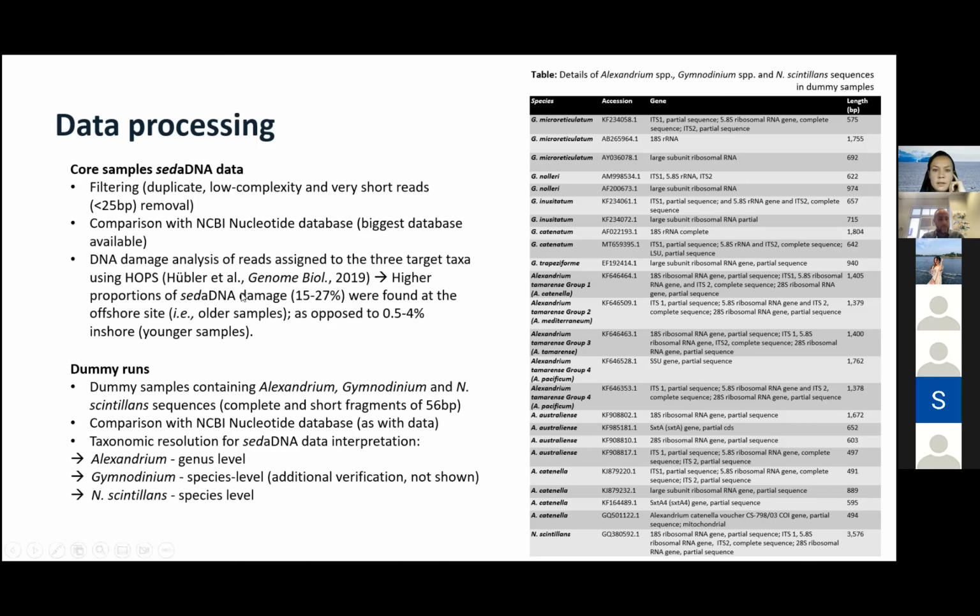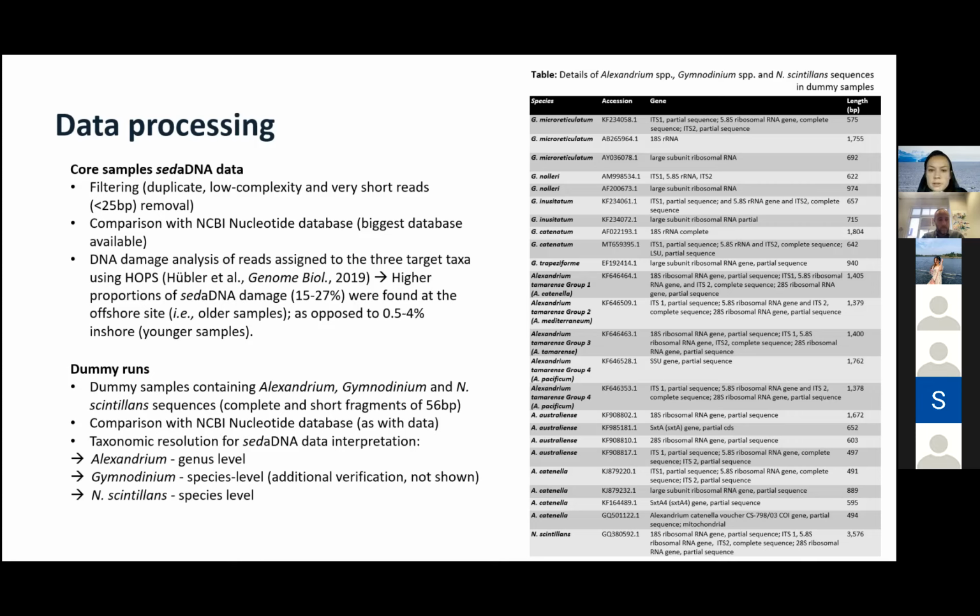What we've done additionally here, because we're looking into 3 specific dinoflagellates, is we also did some dummy runs in our bioinformatic pipeline of sequences of these dinoflagellates to get a better idea of how good the assignments are for these specific species, because we're dealing with some quite short sequences.